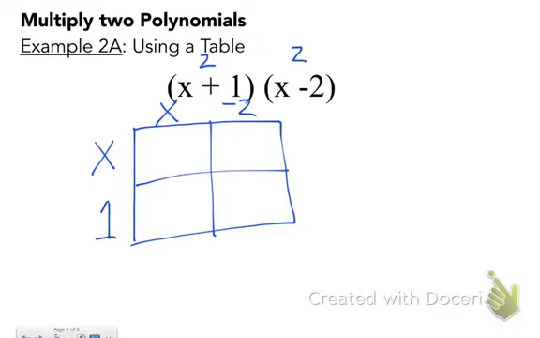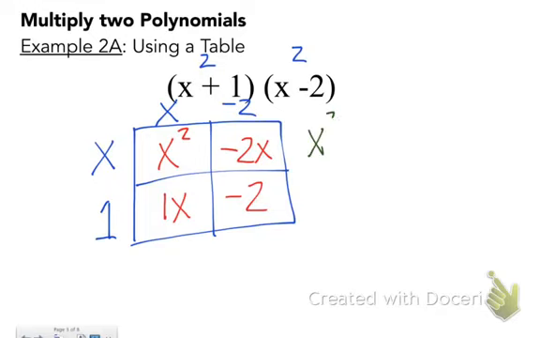Okay, so I'm just going to multiply each. So x times x will give me x squared. X times negative 2, x times negative 2 becomes negative 2x. 1 times x is a positive 1x. And 1 times negative 2 is negative 2. So then I'm just going to write everything out and combine like terms.